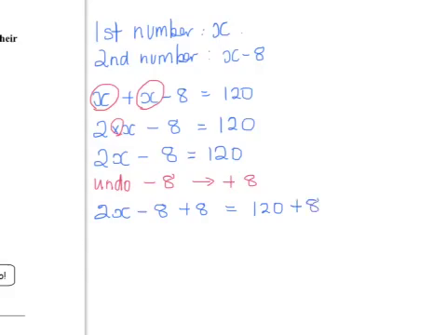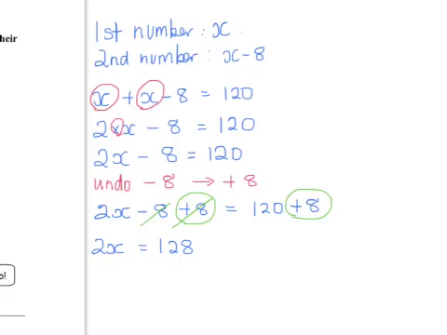I've done exactly the same thing to both sides of the equation. I've added 8 and the reason I've added 8 is that on the left-hand side, if I add 8 to minus 8, I get 0. So the left-hand side becomes 2x equals 120 plus 8 is 128. So it still balances. Left-hand side is still equal to the right-hand side.